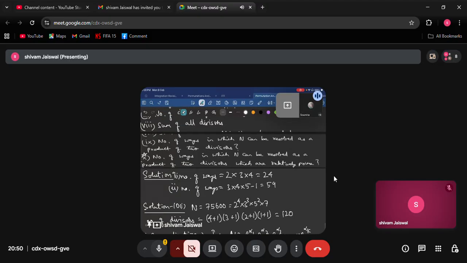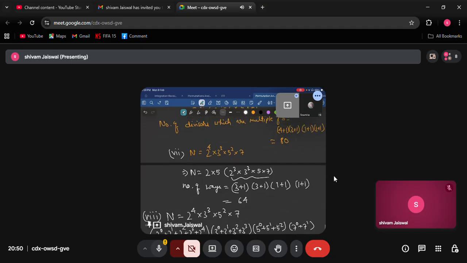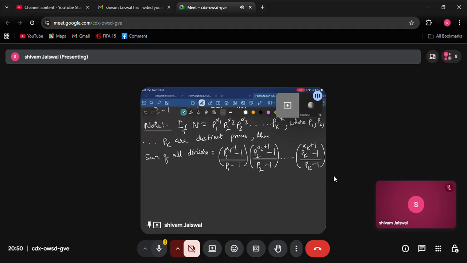Number of ways in which n can be resolved as a product of two numbers. So pay attention, everyone. Anandit, Devang, Raktim, pay attention. Part 9. See, n is equal to 75,600. It can be written as 1 into 75,600.